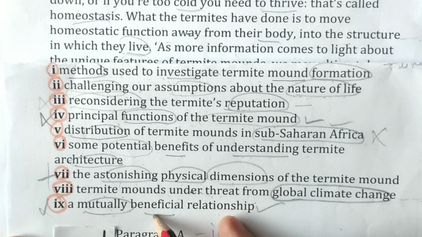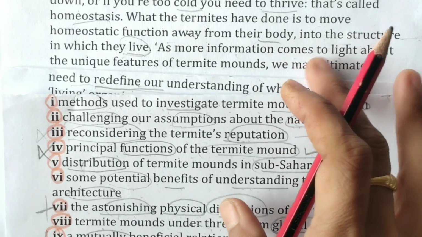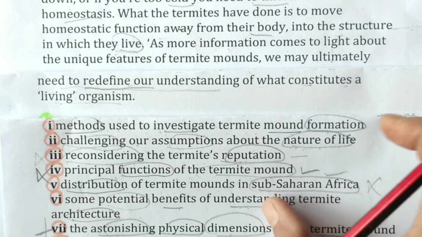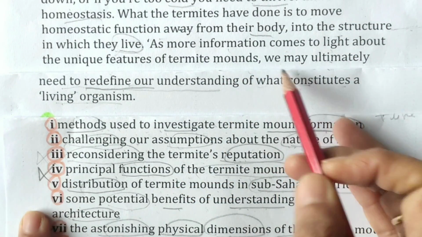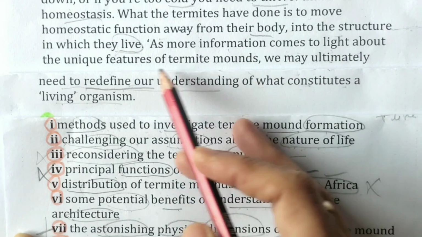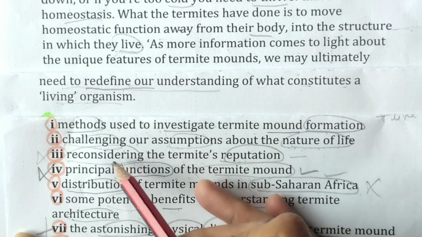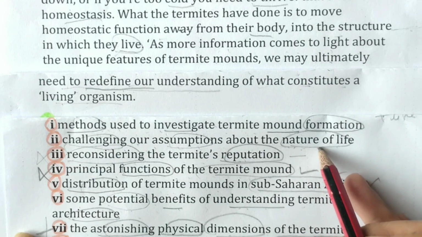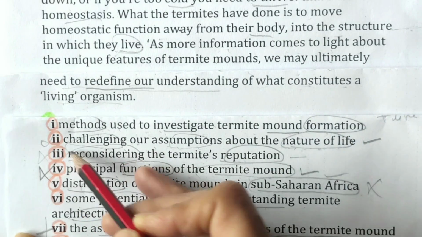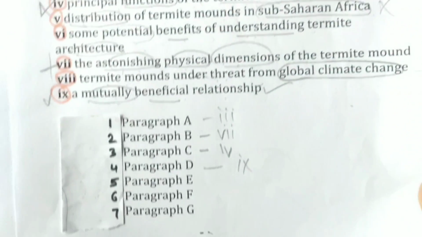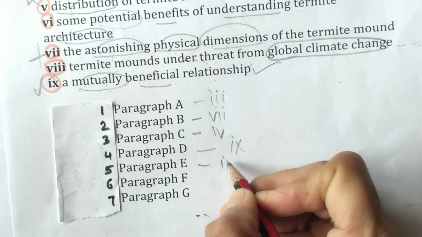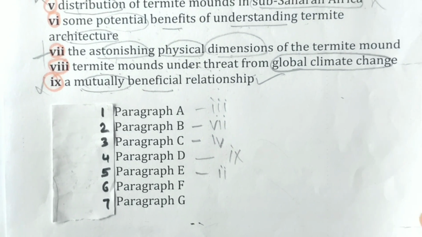Termites under threat, so nothing is matching, only this we can match, because here in the last line it is given, as more information comes to light about these features, we may ultimately need to redefine, challenging our assumptions about the nature of life. This also is gone. For E number, second number we can select.